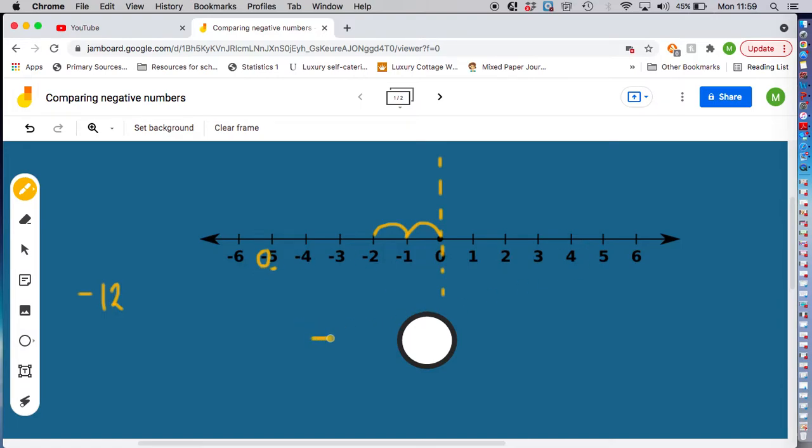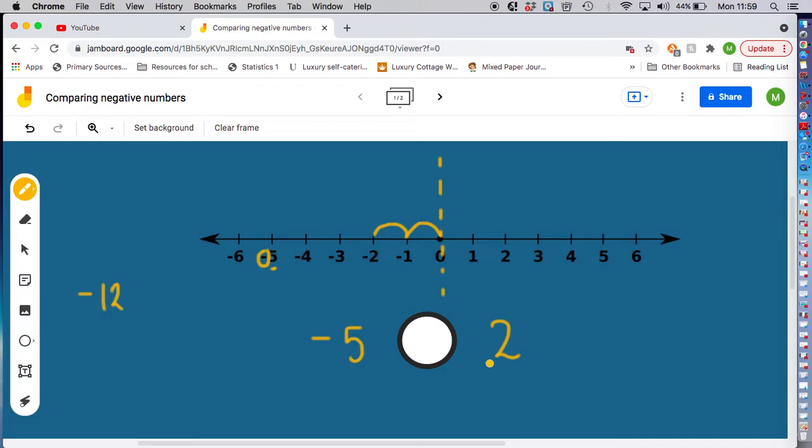So let's have a look at comparing two numbers that are on our number line. If we have -5 and 2, which one of those numbers is bigger? Some people think that of course it must be -5 because 5 is greater than 2, and that's why they think -5 is greater.